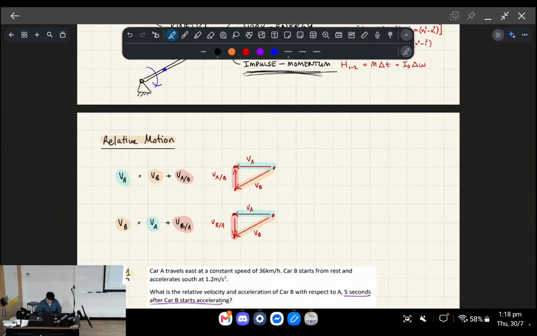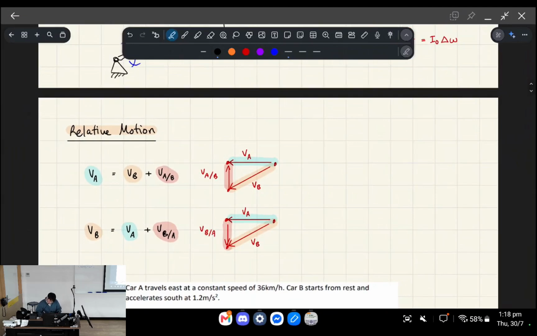So just recap, relative motion, imagine you've got two cars, for example, and they're orientated like so. You've got one car moving due west, let's say this is plan view or top down, and you've got another car that's moving with a velocity vector like so. Let's call this car's motion VA, and then let's call this car's motion VB, the velocity.